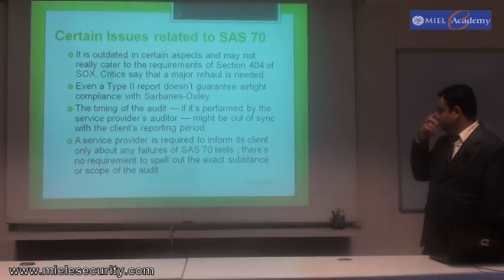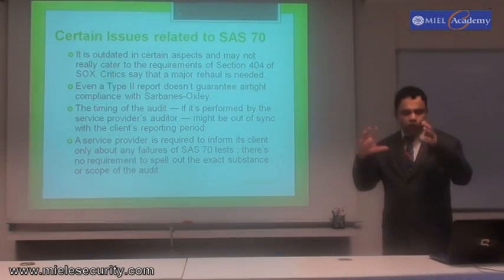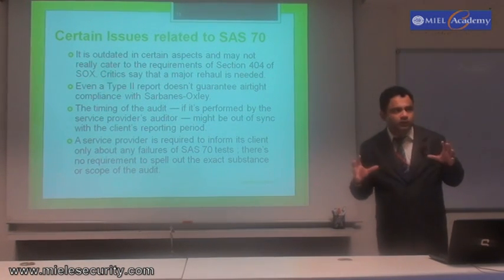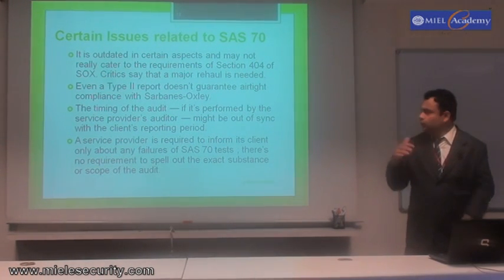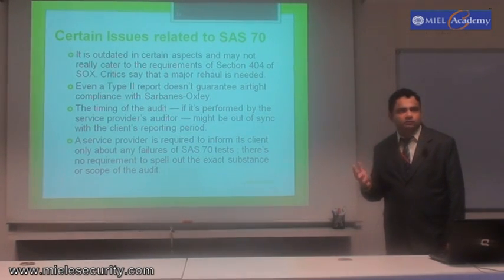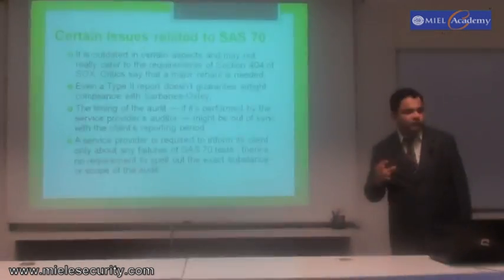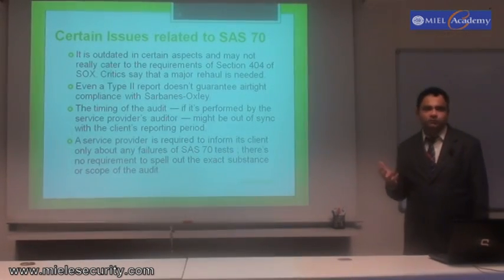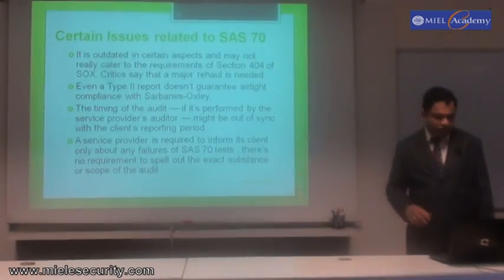And lastly, the service organization is required to only inform about its failures, but not the context or scope of the assessment within which these failures apply. So they may have 2 failures, but they could be assessing only a small part, and within that, 2 failures could be large enough. So that is not very clear when you deal with SAS 70.